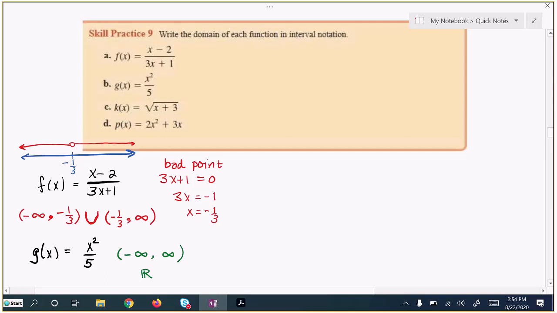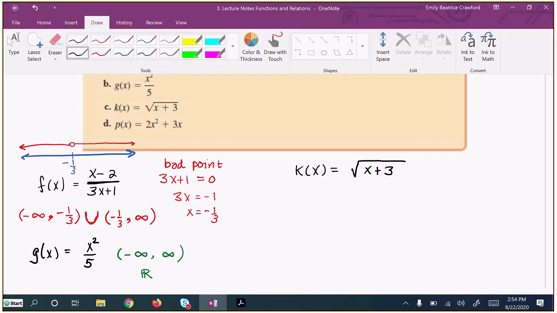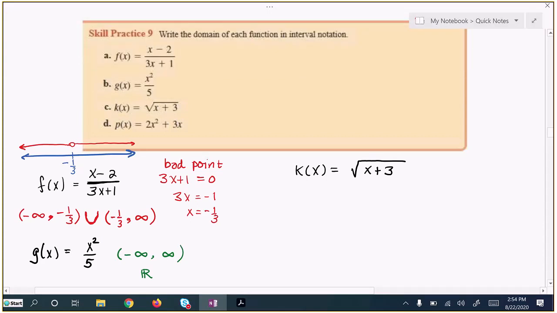Okay, C, k of x is equal to the square root of x plus 3. Well, square roots, or fourth roots, or sixth roots, even roots, are one of the things I'm looking out for. So the tip above told me that when I have this situation, I need to make sure that what is inside the root, so this x plus 3, must be not negative, because I don't know how to take the square root of a negative.